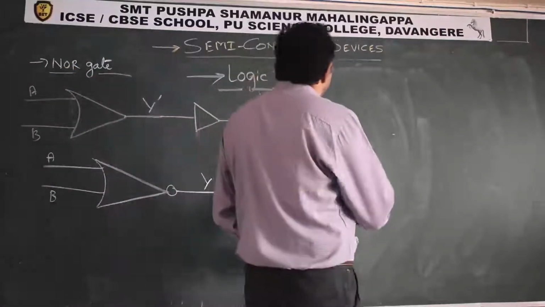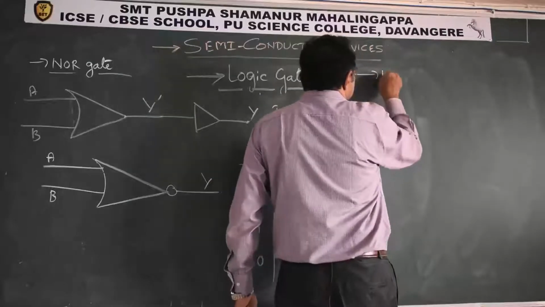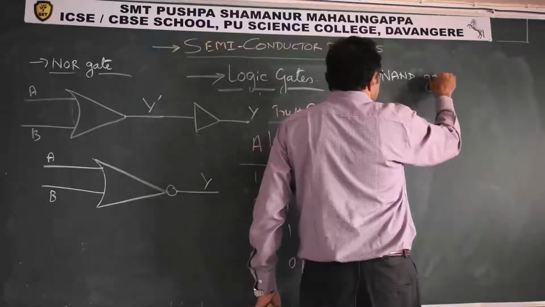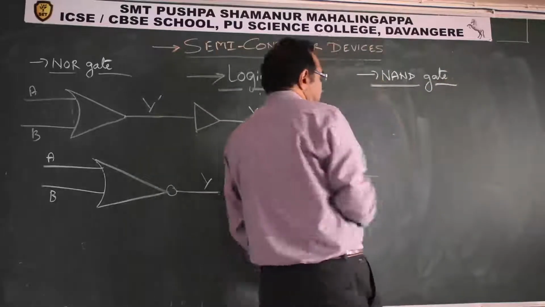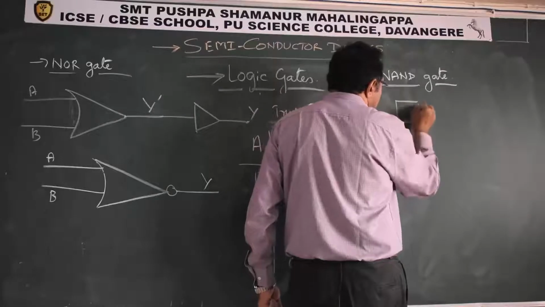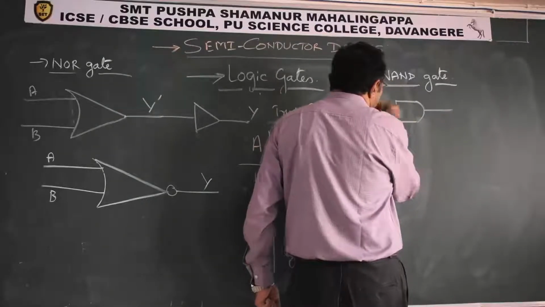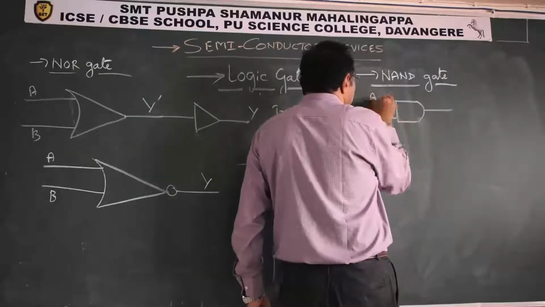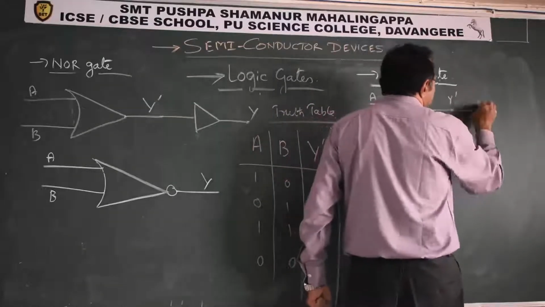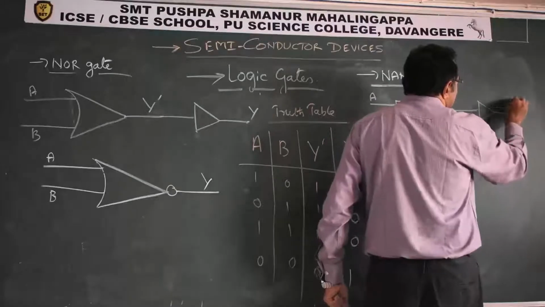What about the NAND gate? The NAND gate is an AND gate followed by NOT. So you will feed input to the AND gate because it has two inputs. The output of this, which is Y dash, you feed to the NOT gate, and the final output is taken.